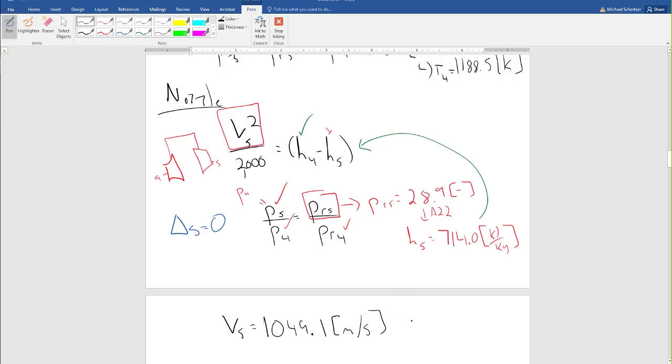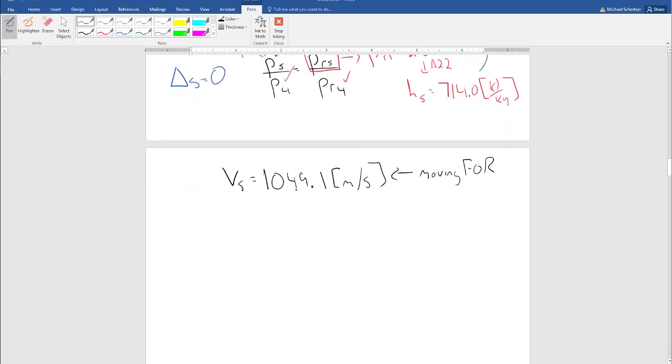This is our moving frame of reference. So if you're the person standing on the wing, it looks to you like the air is streaming out the back of the jet at 1,049.1 meters per second, right? But if you're somebody standing on the ground, right?